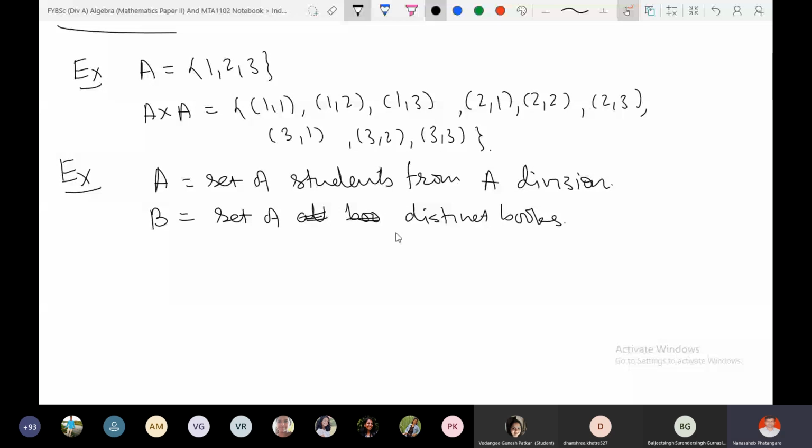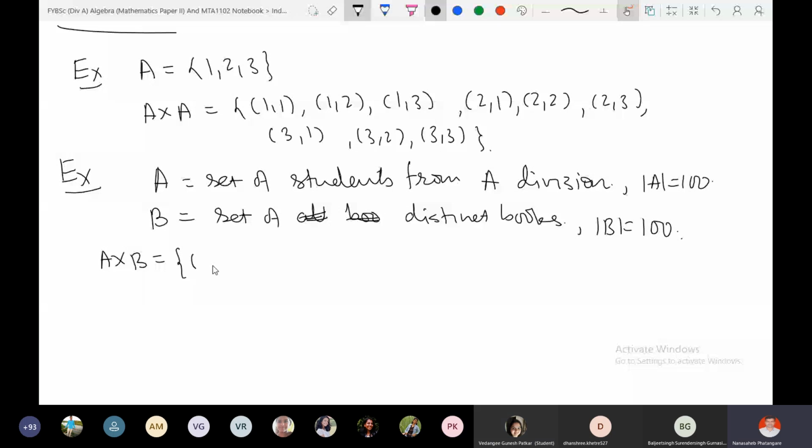Suppose in A division there are 100 students, and suppose we have some books, let us say 100 books, no problem, right? Then what is A cross B? The number is 10,000.